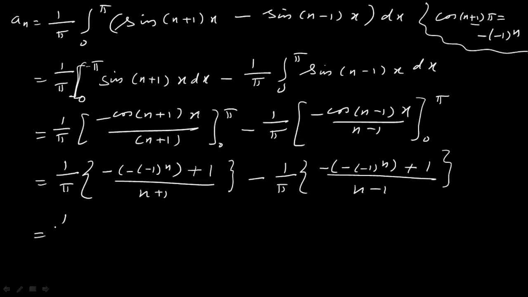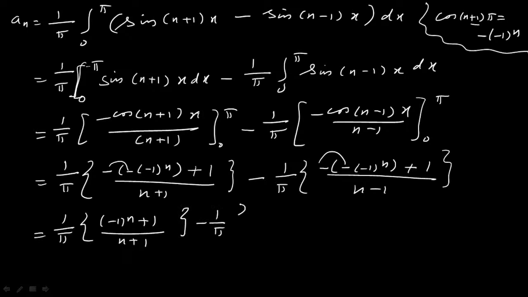Simplifying this, you get 1 by pi, these two minuses become positive, so (minus 1) whole power (n plus 1) divided by (n plus 1), minus 1 by pi, (minus 1) whole power (n plus 1) divided by (n minus 1).